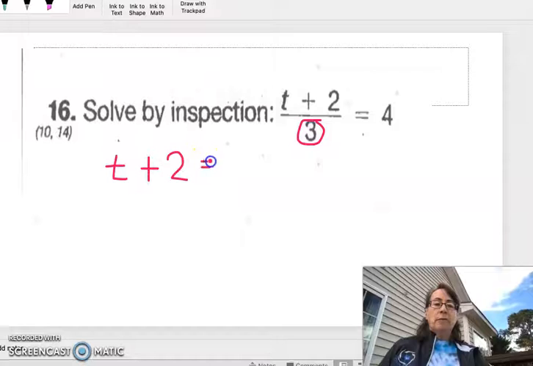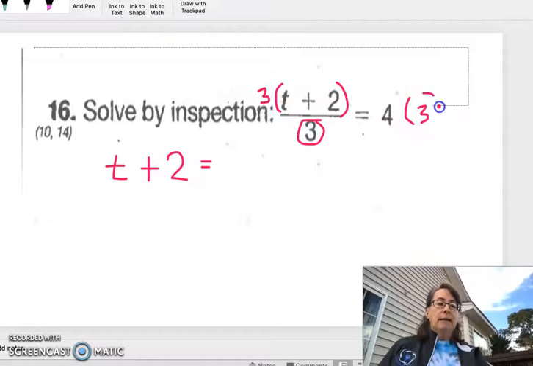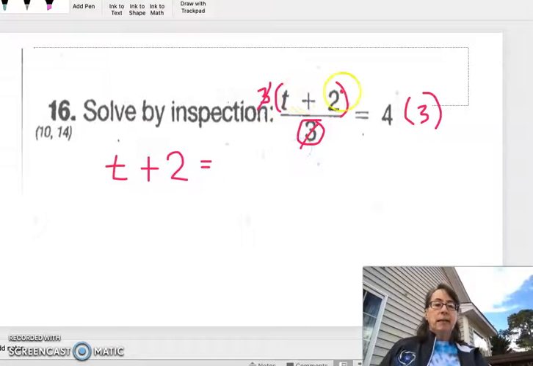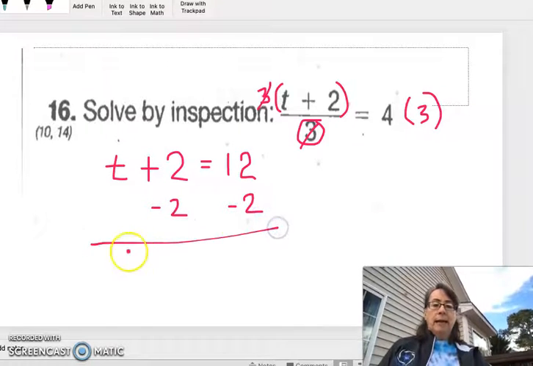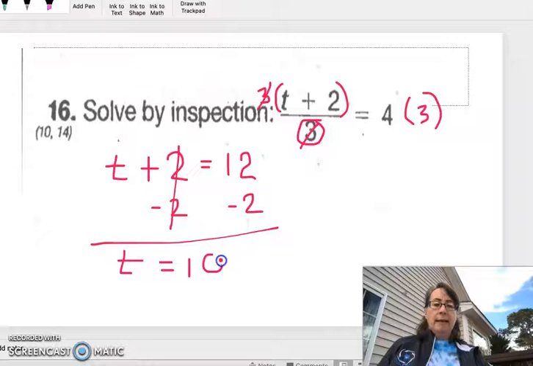When I multiply by 3 on this side, and by 3 on this side, won't this 3 cancel this 3 to give us t plus 2 equals 12. So now if I subtract 2 and I subtract 2, I'm going to get t equals 10. That is my answer.